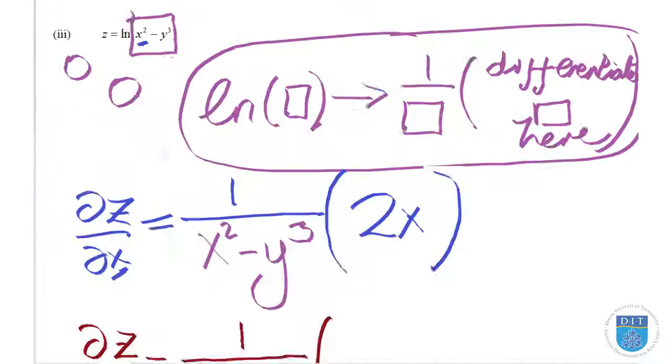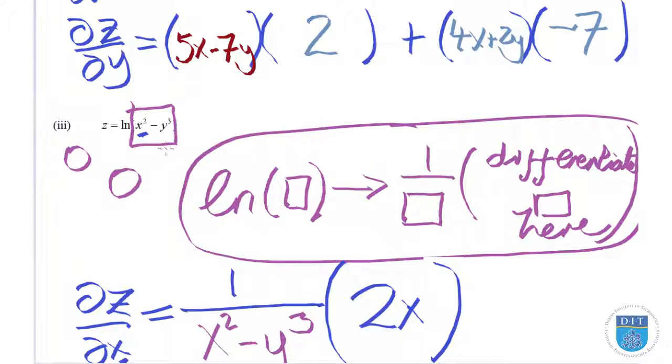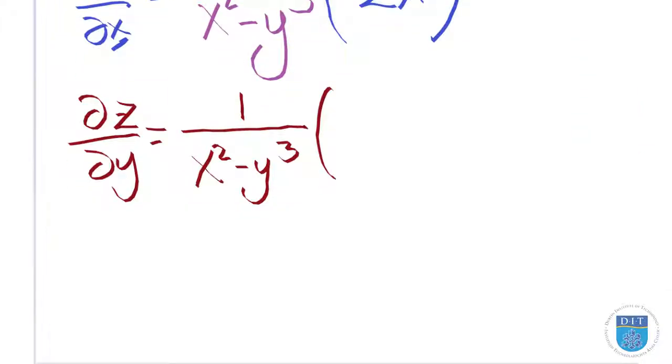And again, I'll go back up to my original box. There we go. Right, no y there. But there is a y there, and I'll get a minus 3y squared. Because the power comes down, there's a minus in front of it. Another little thought here. Minus y cubed.